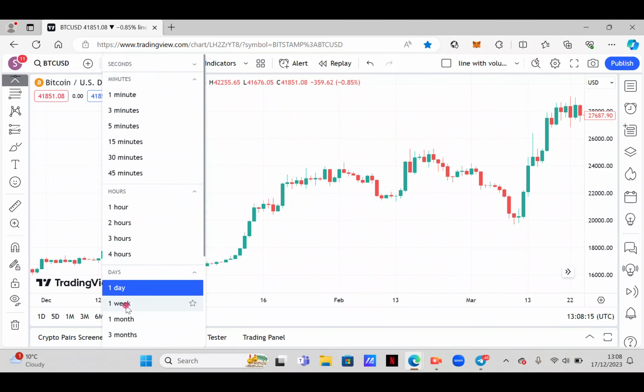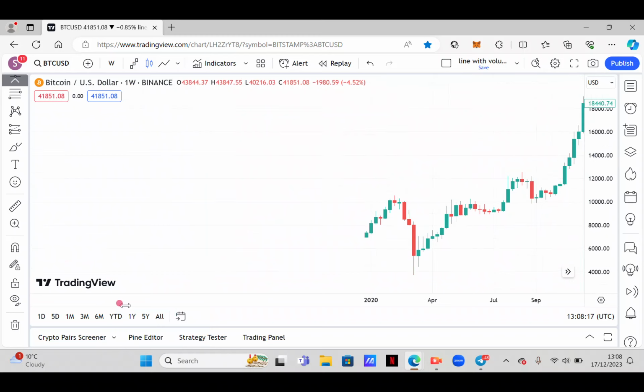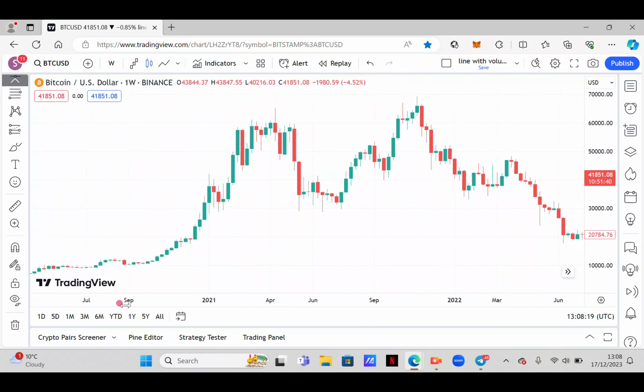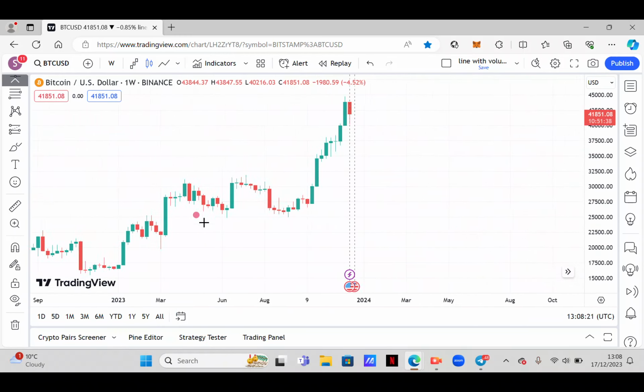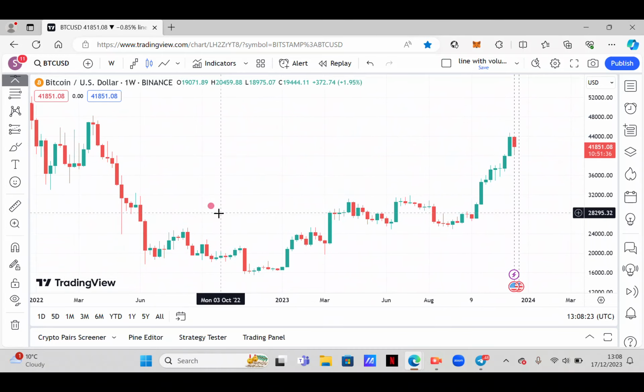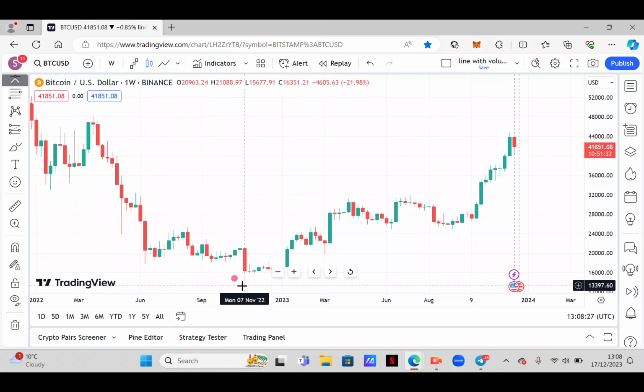So let's look at the weekly. Is it better? The weekly is going to have a lot less noise, and it's going to be much simpler to understand. On the weekly it's clearer that the greater picture is this one was the bottom, the final massive drop.